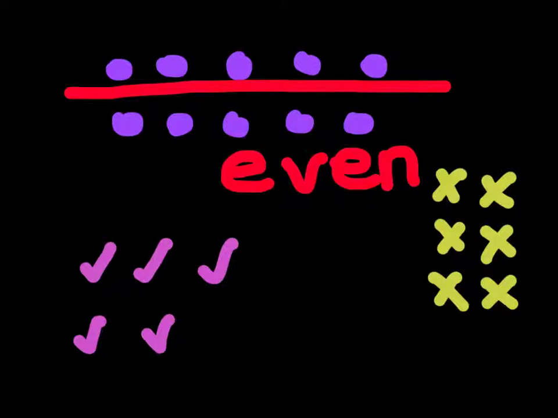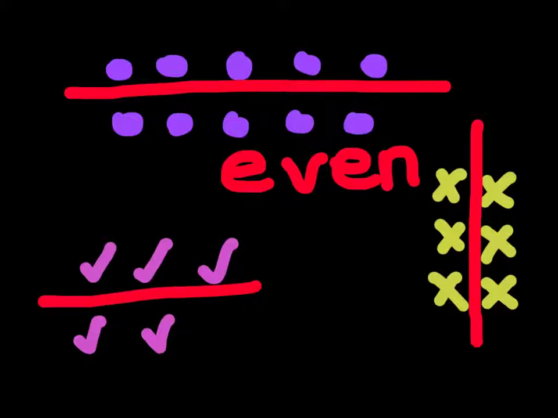Again, 6 is an even number, so I can divide or cut that group right into half. I can have half of them. Down at the bottom, however, there are pink check marks, but there's an odd number. I can't halve that group and have the same number at the top and the bottom. It just doesn't work.